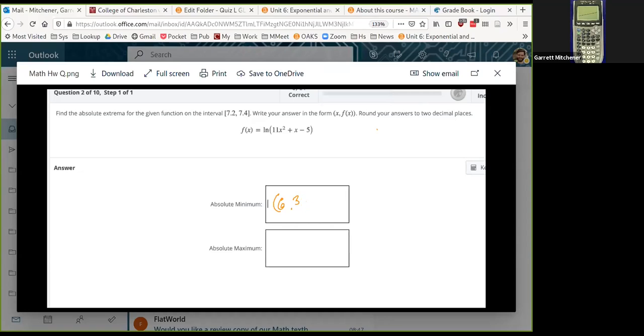That's the y coordinate. The x coordinate is the left endpoint. So 7.2 and then the 6.35 goes there, and the absolute maximum was at 7.4 and 6.40.